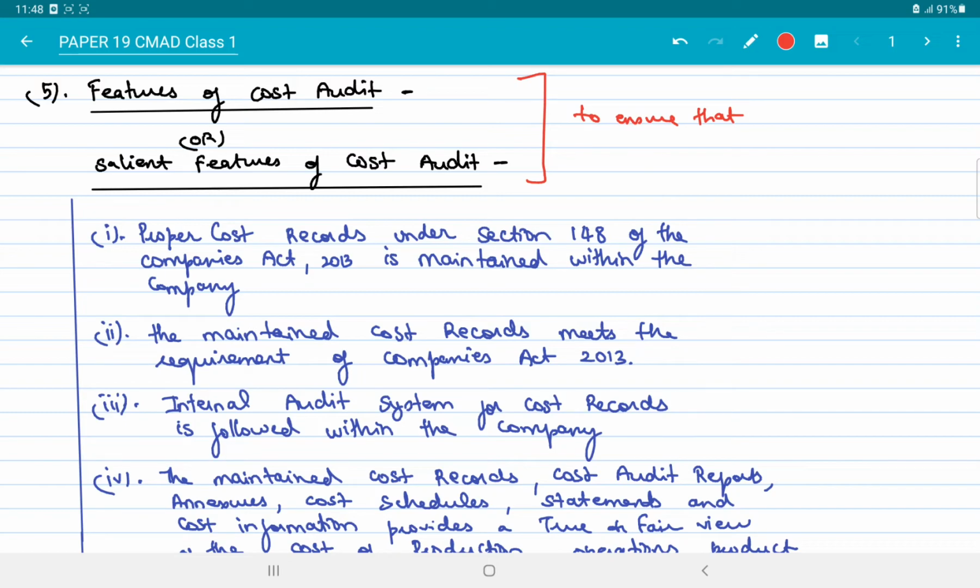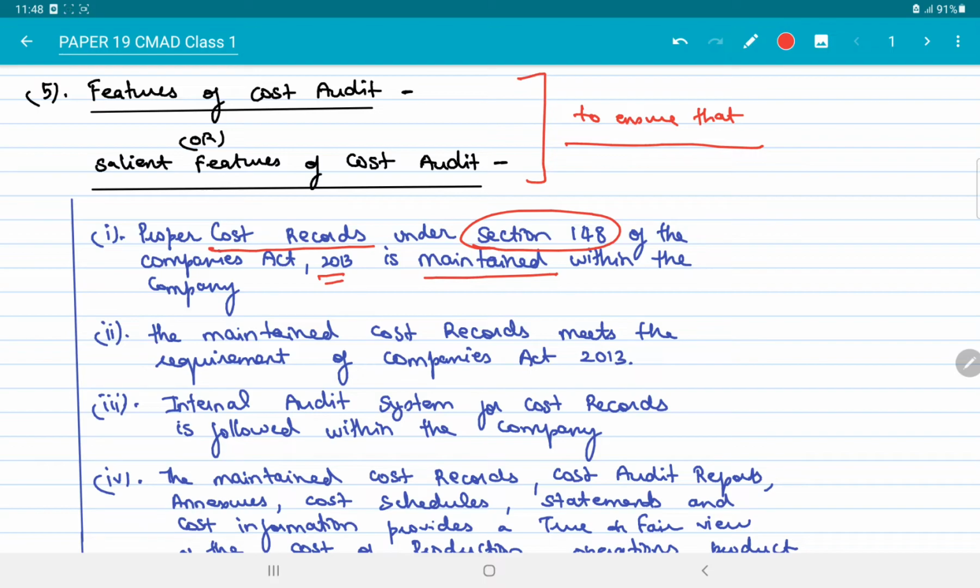I will not repeat it again and again; I have written it once here. To ensure that proper cost records under section 148 of the Companies Act 2013 are maintained within the company.